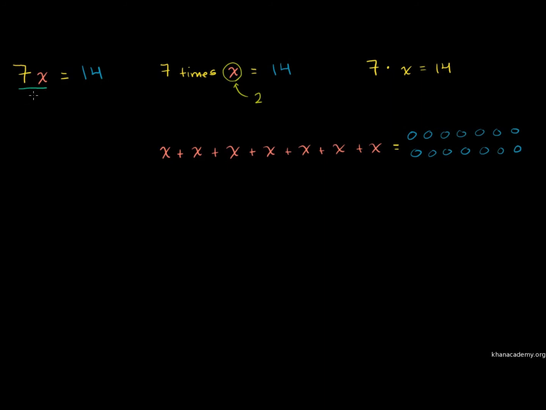So if you divide both sides by 7, what do you get? 7 times something divided by 7 is just going to be that original something. 7's cancel out. And 14 divided by 7 is 2. So your solution is going to be x is equal to 2.